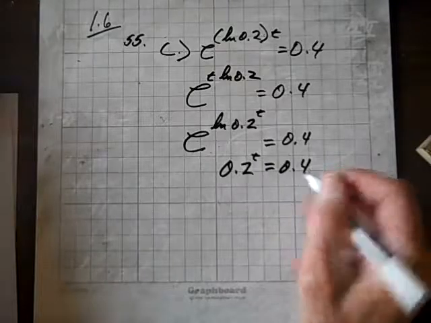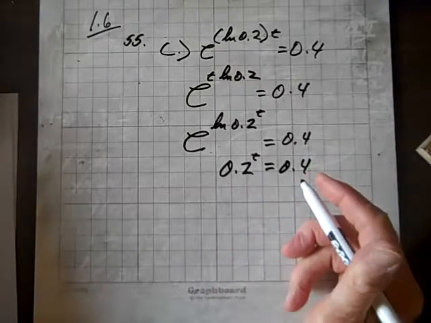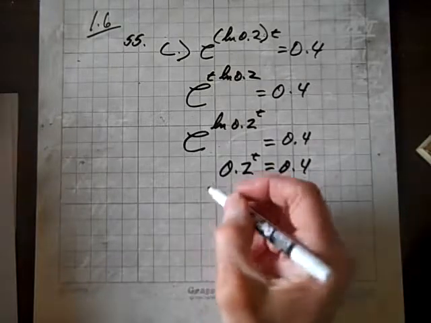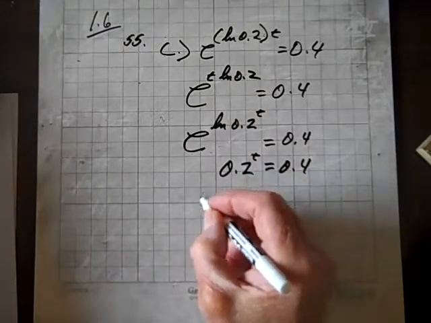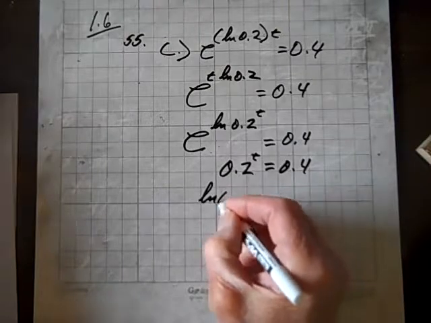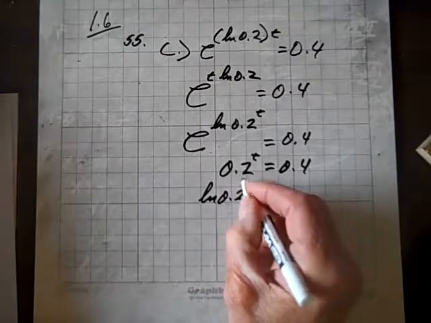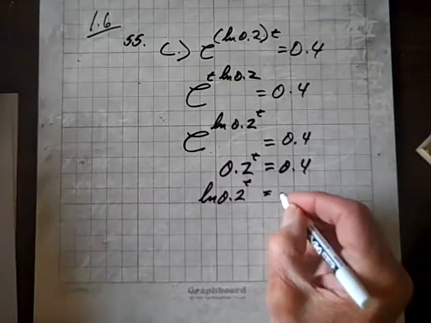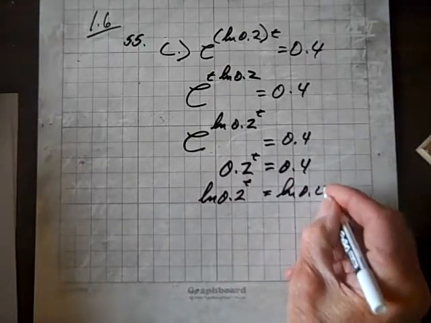And now if we take the natural log of both sides, we get ln of 0.2 to the t power equals ln of 0.4.